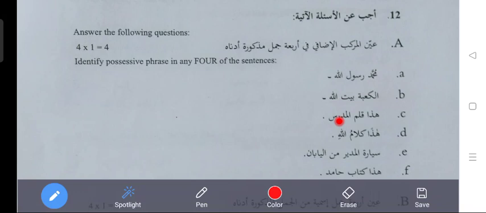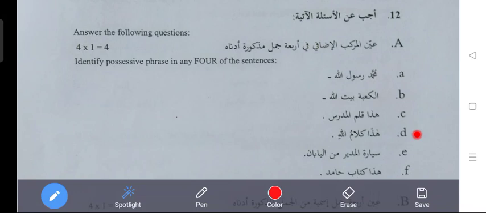It doesn't make any difference whether the Al-Mudaf ilayhi carries al or not. So we will take these two nouns: Qalamul Mudarris, the pen of the teacher. We will copy this Qalamul Mudarris in the answer sheet, then beside this we will write Al-Murakkab Al-Izafi. Are you getting my words?